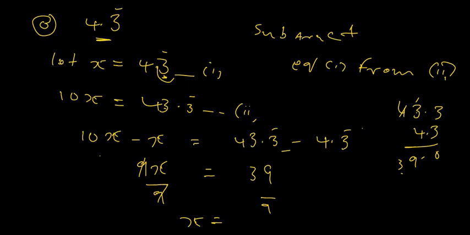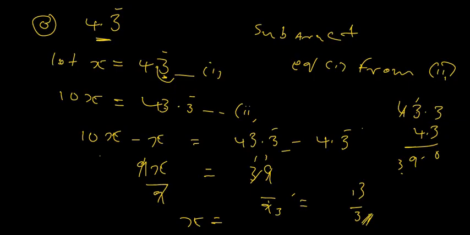So we can clearly see, it will be 13 over 3. If there is no common factor that can go into 13 and 3, then we can just leave it here.